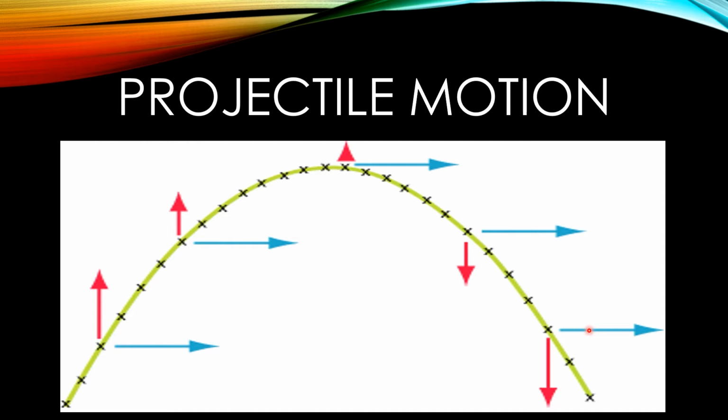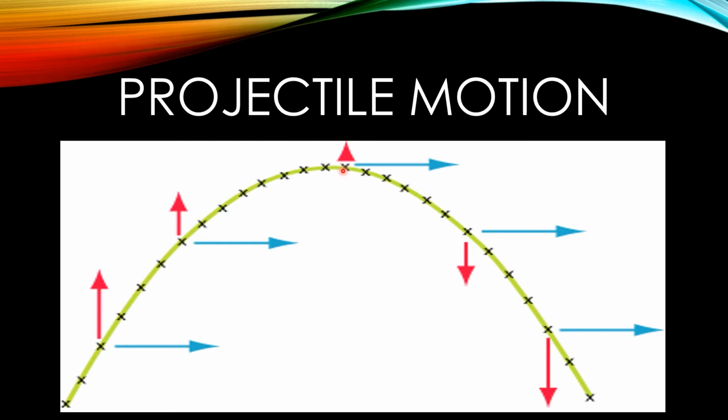Alright, basing on our illustration, we can conclude that in a projectile motion, the horizontal velocity of the object will remain the same. On the other hand, the vertical velocity of the object as it goes upward decreases. The peak or the maximum height indicates that the vertical velocity of the object is equal to 0.